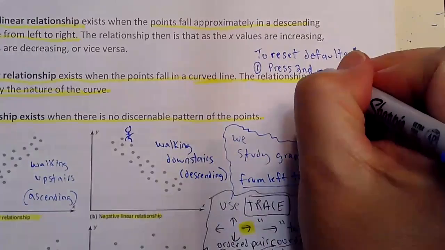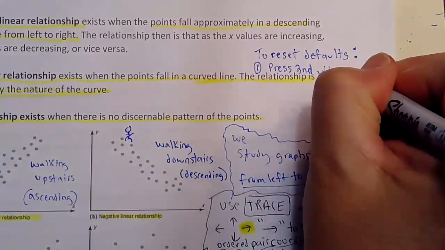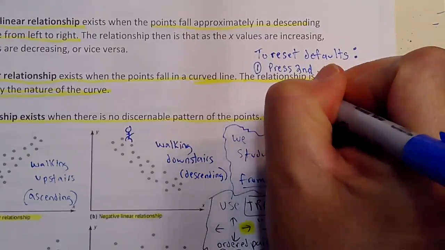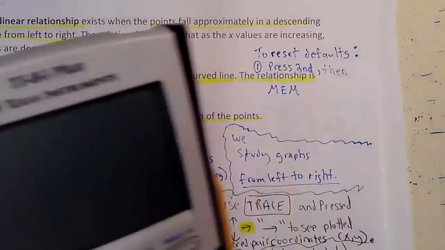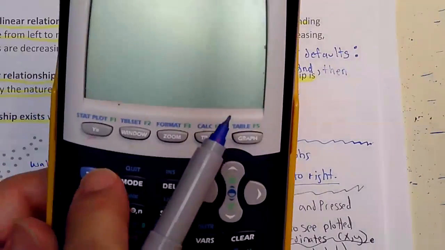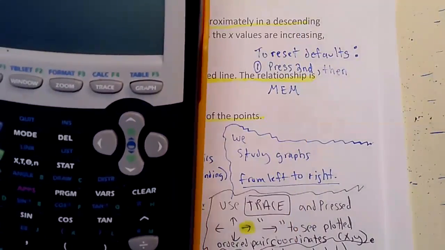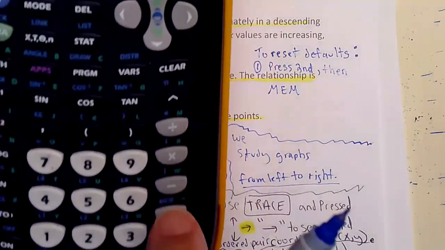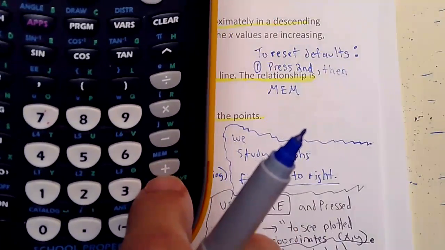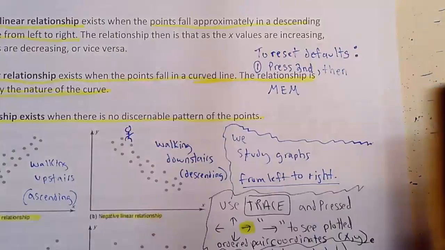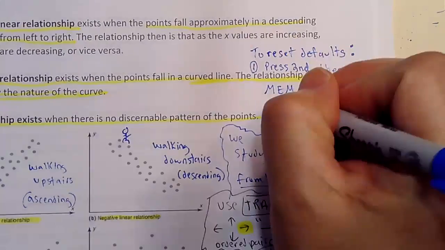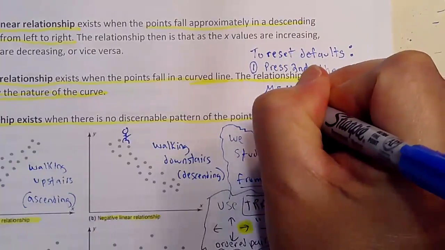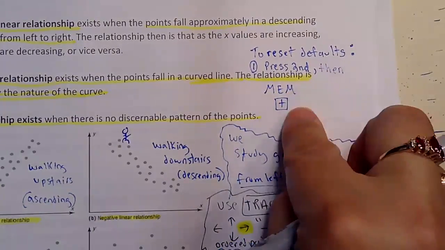Then you want to press memory. So the second button is here, and let's see, where was the memory at? The memory button is right here on top of the plus sign. So press the second button and then the memory button.